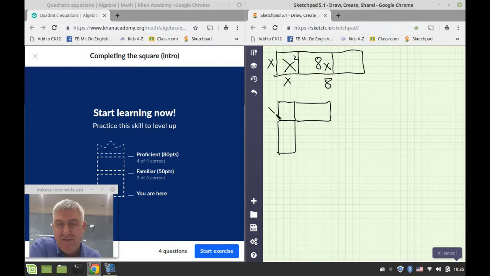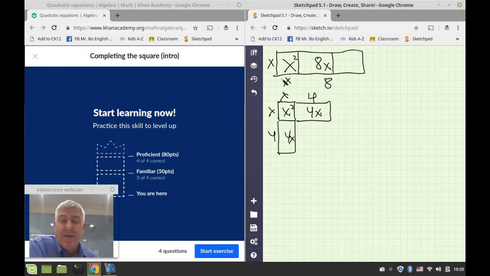So now I have x, and this is a length of 4, so inside here is x squared, and this is 4x, and this is 4x, and together that's still x squared plus 4x plus 4x, which is x squared plus 8x.